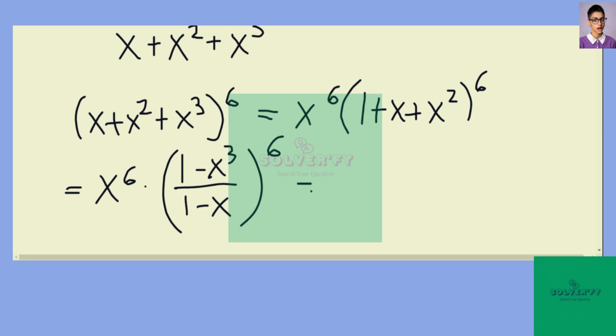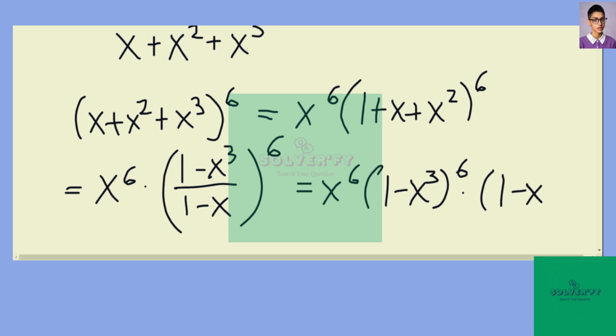This can be written as x to the 6th times 1 minus x cubed to the 6th, times 1 minus x to the negative 6th power.